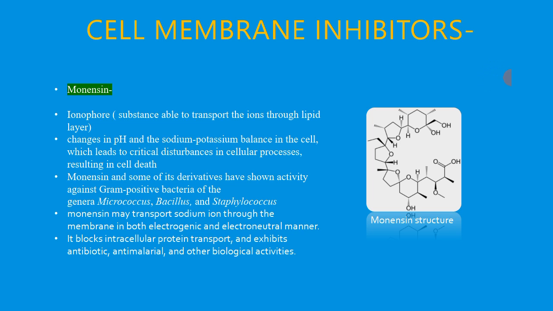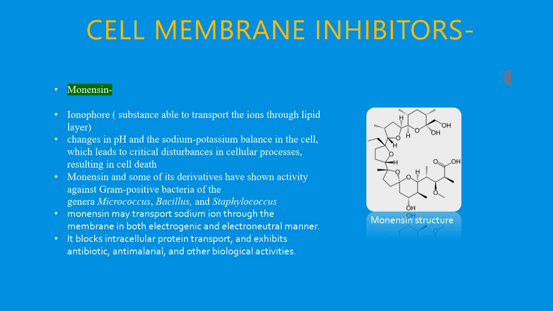Electroneutral means what? There is no charge, which means either it will remove all the potassium and all the sodium from the cell, or it will produce a very large excess of sodium, that is the electrogenic.